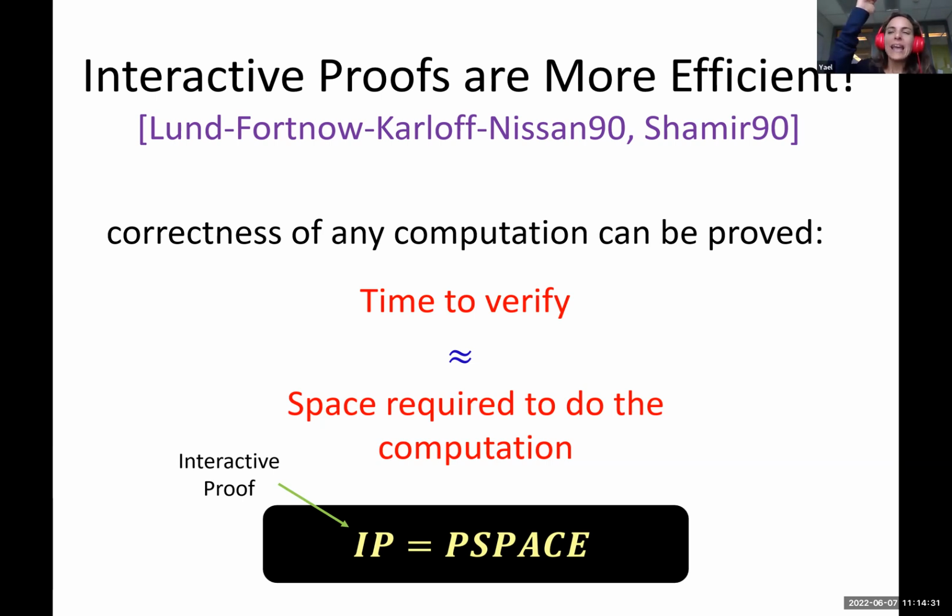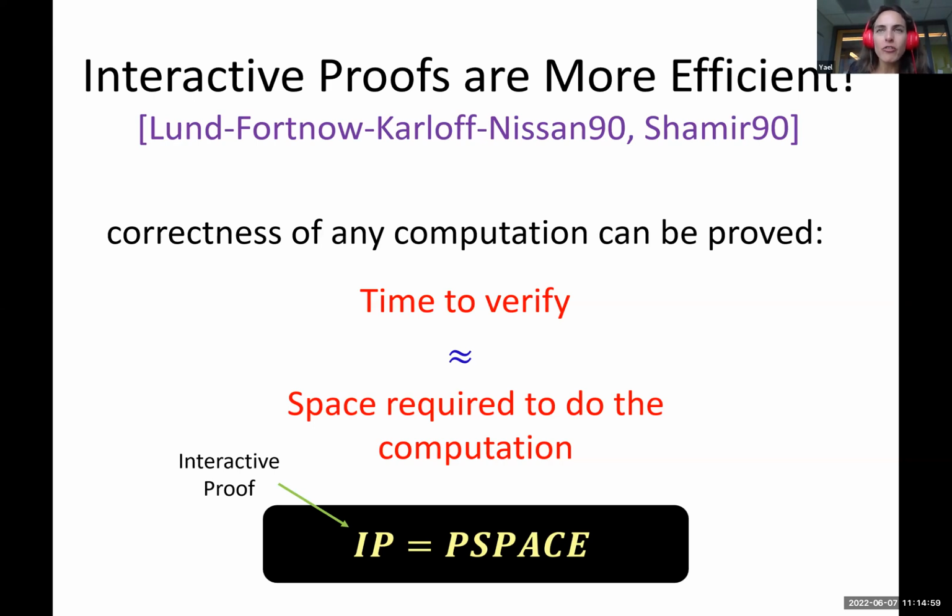Because to get the error to the number of molecules in the universe, which is, I don't know exactly, but smaller than, let's say, 2 to the minus 500, you need to repeat the protocol only 500 times. And so you can get a tiny probability of error while still being efficient.